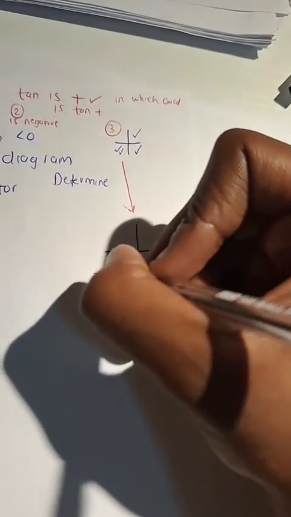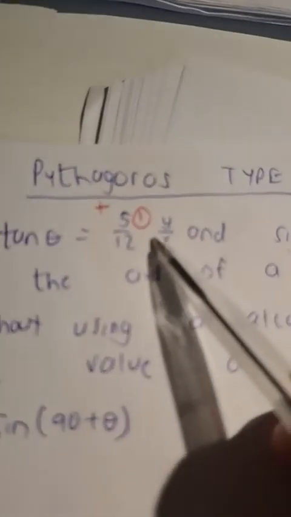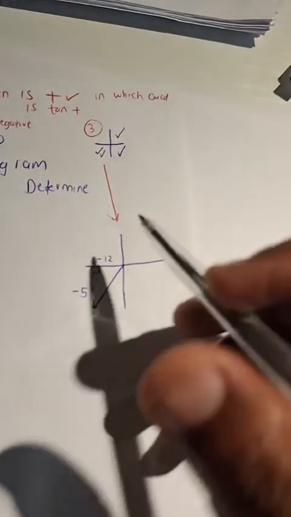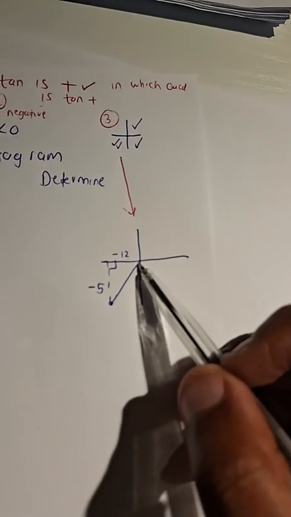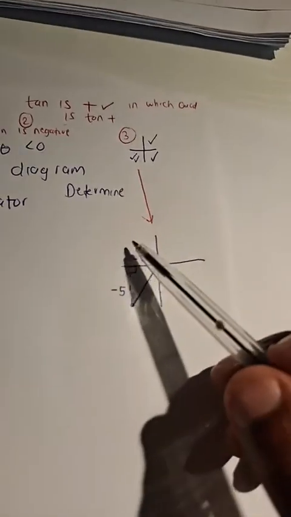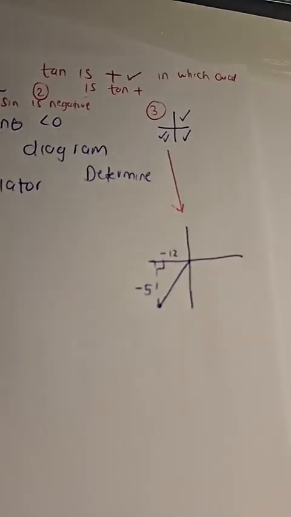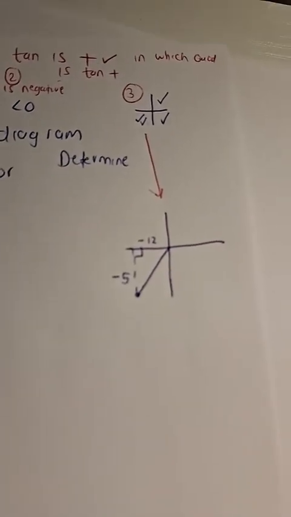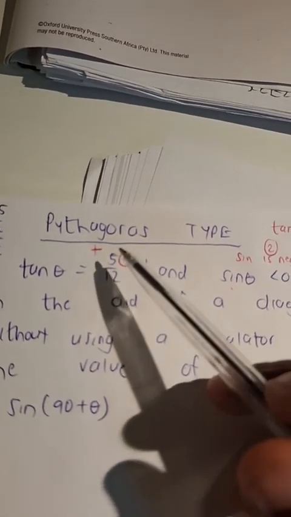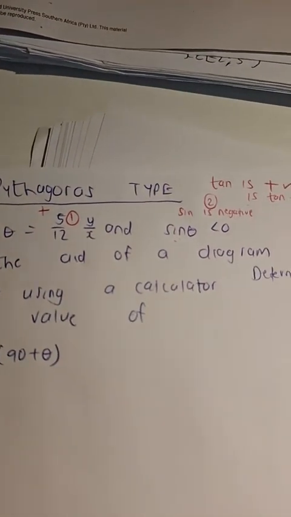But we know that y in this quadrant is negative. What about the x? It's 12. We know that the x in this side of the quadrant is negative, which explains why 5/12 is positive, because a negative divided by another negative gives us a positive. Okay? So that explains the positive 5/12 we have there, because it clearly means that there was a negative 5 and a negative 12.